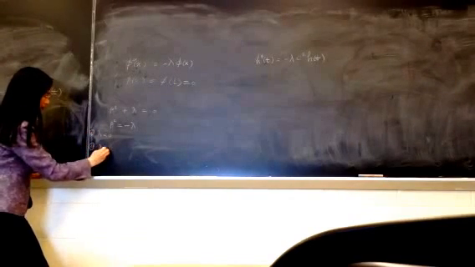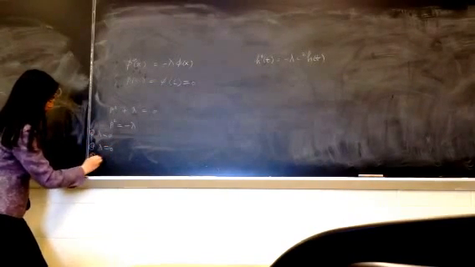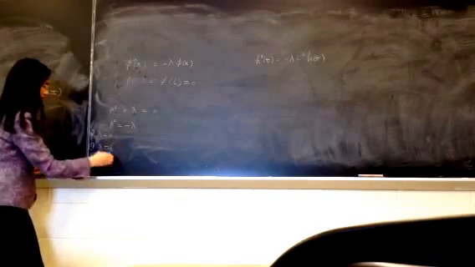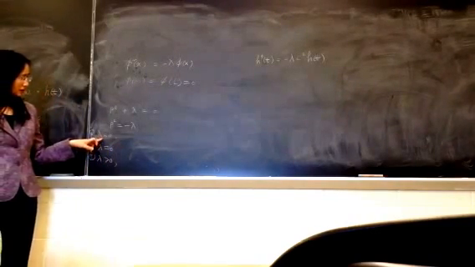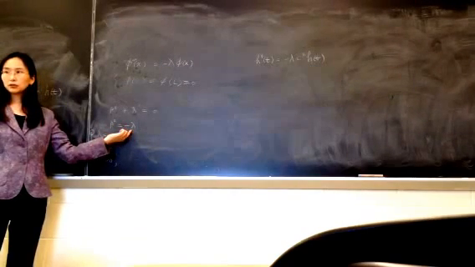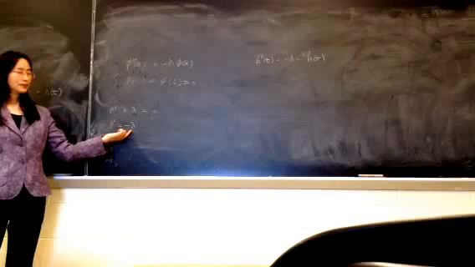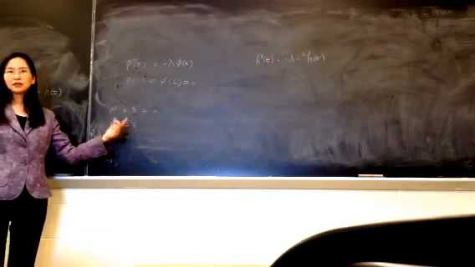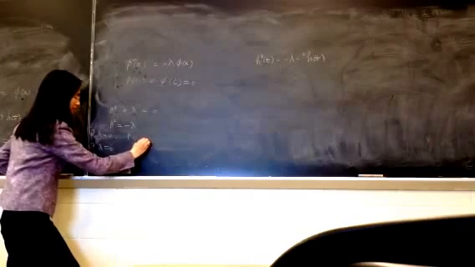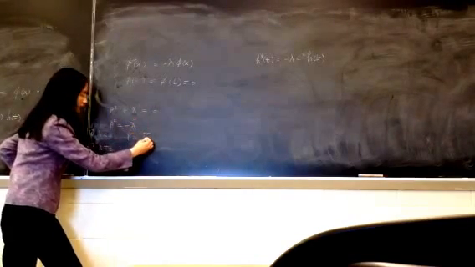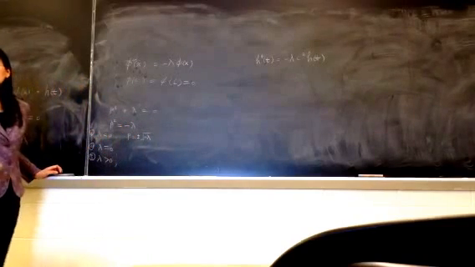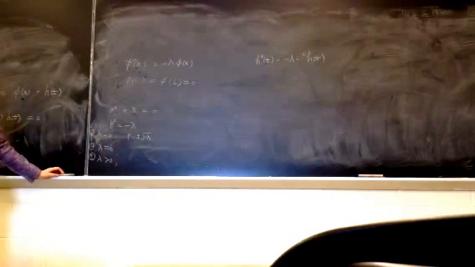Then we have a pair of real valued solutions, because p squared is positive, so p is the square root of that positive number.